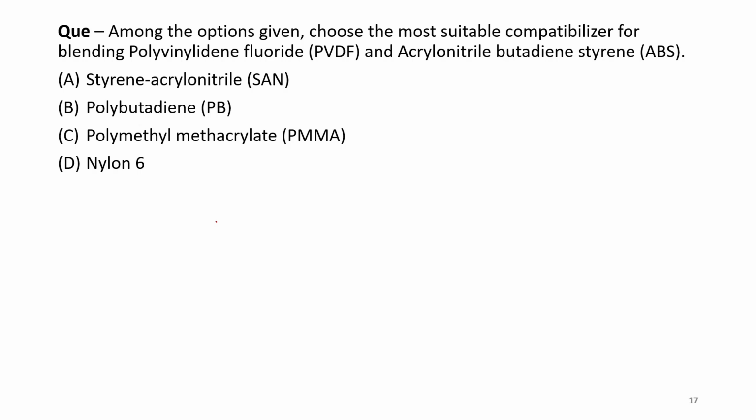So PVDF and ABS are not miscible, and we are using a compatibilizer. Which compatibilizer should we use from these options A, B, C, D so that these polymers will become miscible? Any idea?